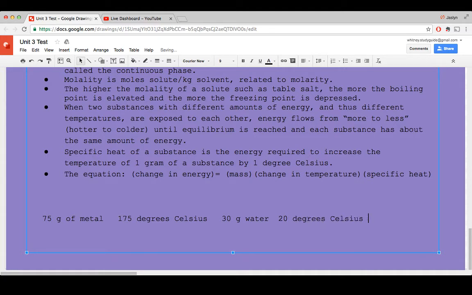Then the equilibrium temperature, after all the heat has changed, will be about 80 degrees.